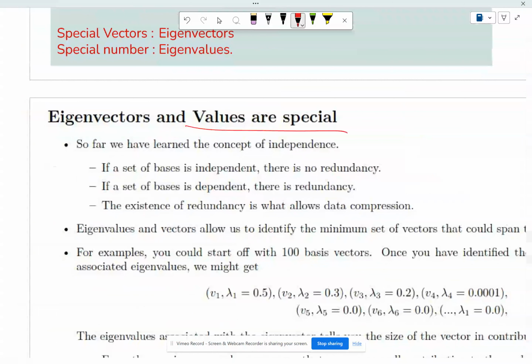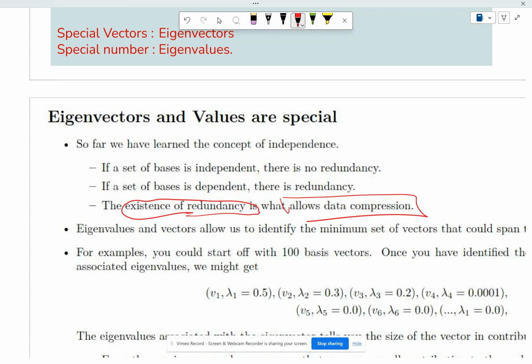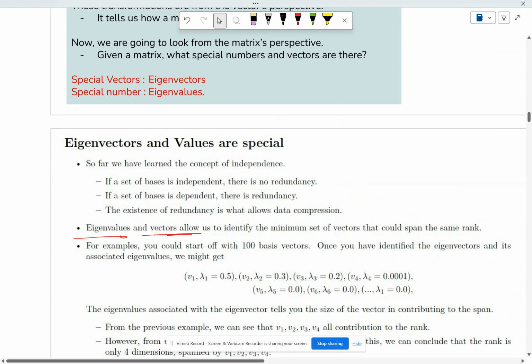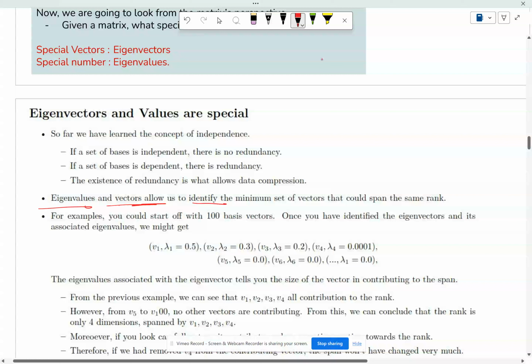So far, we learned the concept of independence, right? If a set of bases is independent, that's telling you there are no redundancies. And if they're dependent, it means there are redundancies. The existence of redundancy is essentially what allows us to do data compression. Eigenvectors and values essentially allow us to identify the minimum set of vectors that spans the same rank.